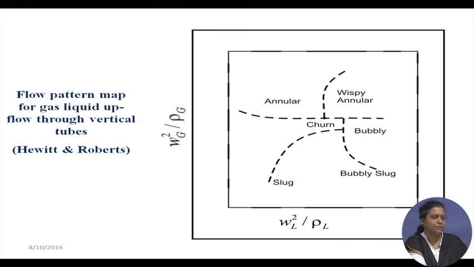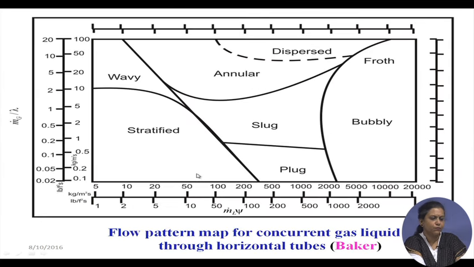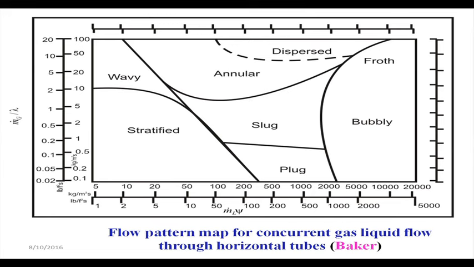at high momentum flux of the gas, annular flow exists. Similarly, the oldest flow pattern map for horizontal pipes was proposed first by Baker, and then it was obviously much more modified. It divides the entire two-dimensional plot into areas demarcating different flow patterns using two different axes, which consider the mass flow rate of the gas and the liquid along with dimensionless groups defined in terms of the properties of the two phases.